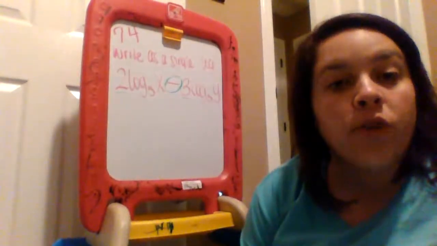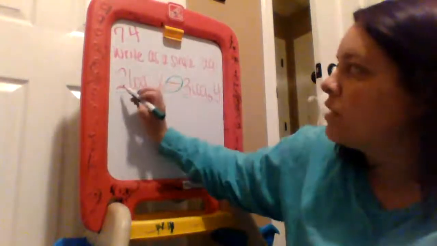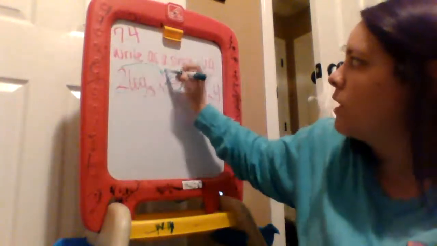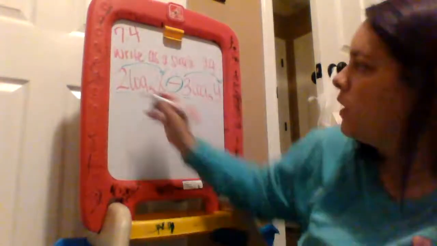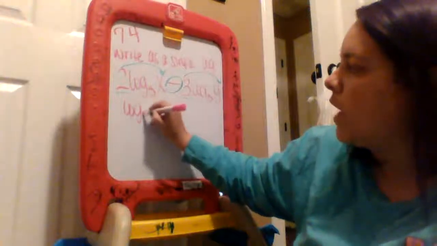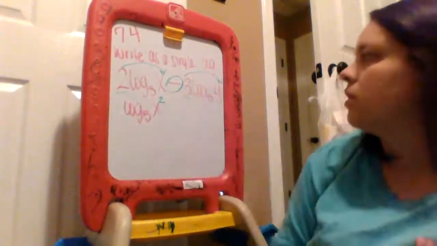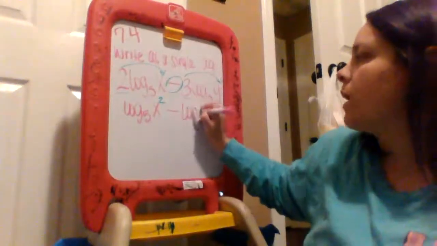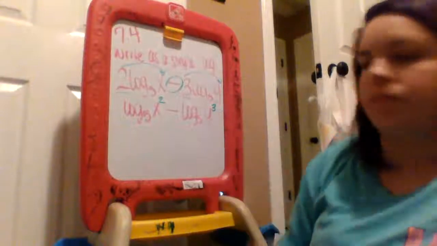The number out front is the power property, and the power property says that this was an exponent. So I'm going to move this back up, and I'm going to move this back up. So this would become log base 5 of x to the second power minus log base 5 of y to the third power.